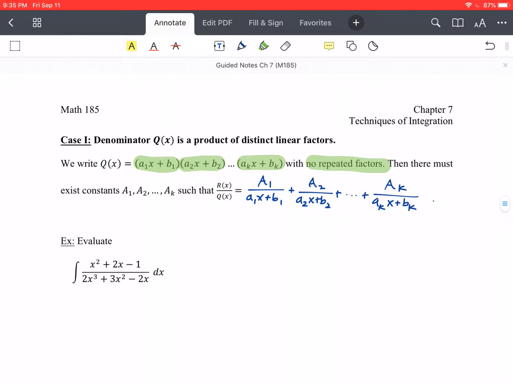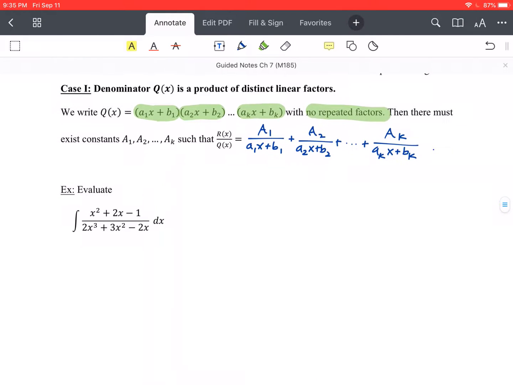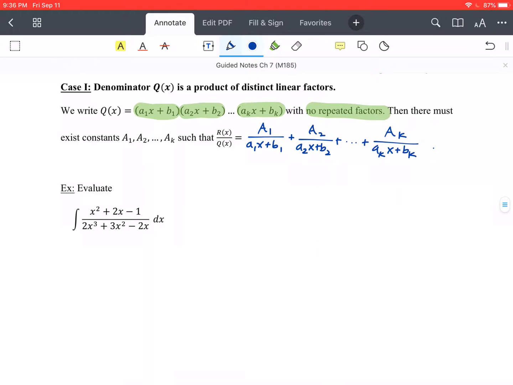Okay, so first thing with this example, first thing that we should note, look at the degree. The numerator is squared, the denominator is cubed. So this is good.